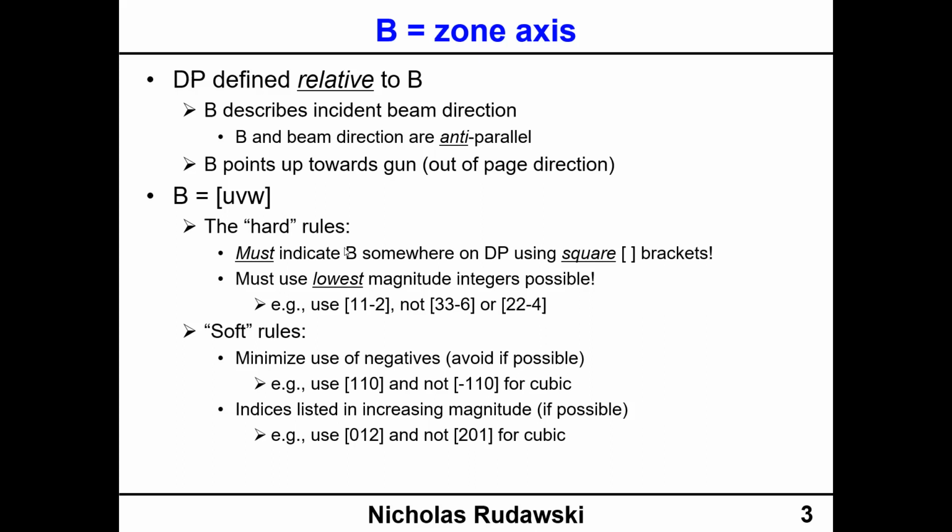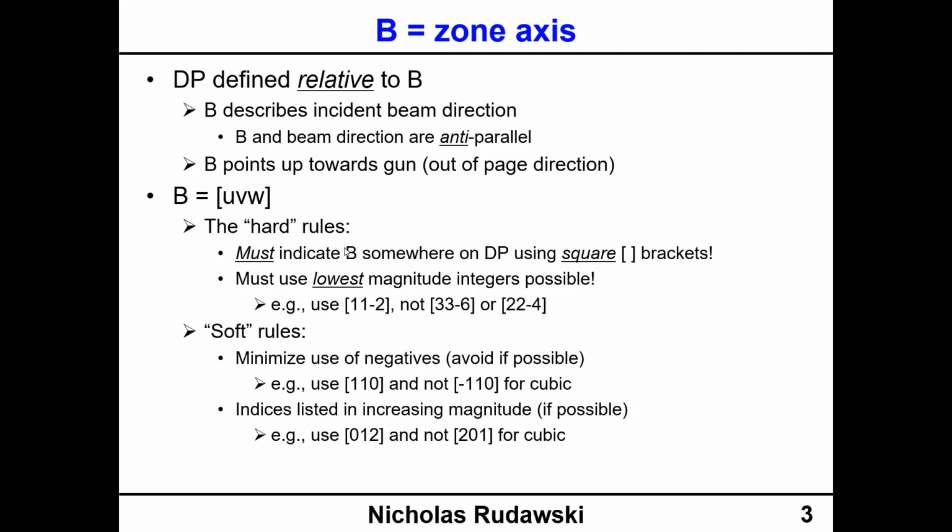There are some hard rules associated with B here. The hard rule is that you have to use the lowest magnitude integers possible for B. In other words, we wouldn't use 336 bar. We would use 112 bar. And now a blanket apology here. I did not go through and meticulously write little bars over all the indices, because that would have been a pain to do.